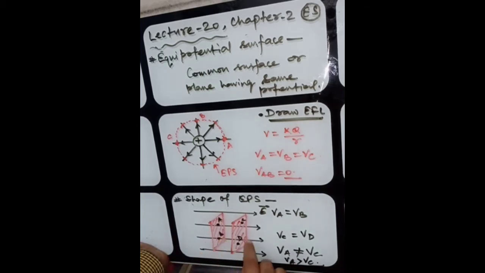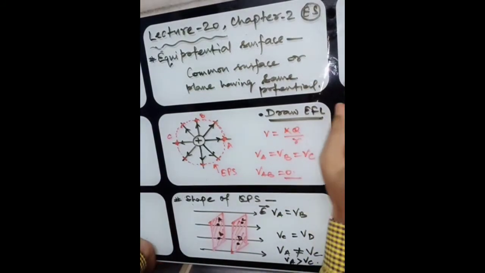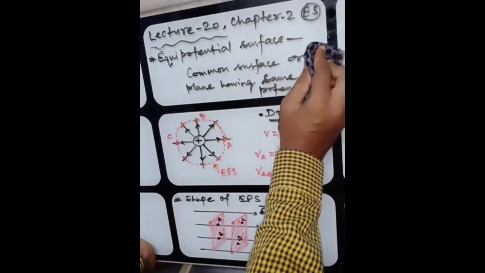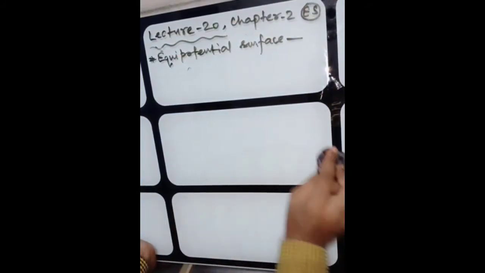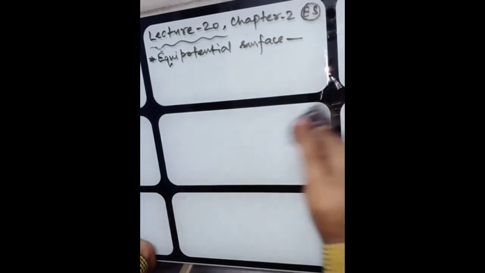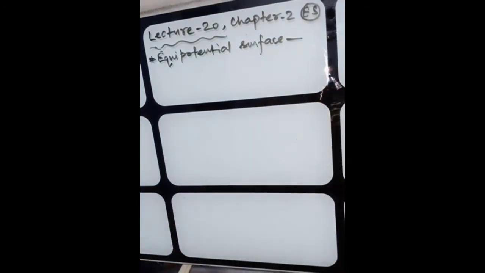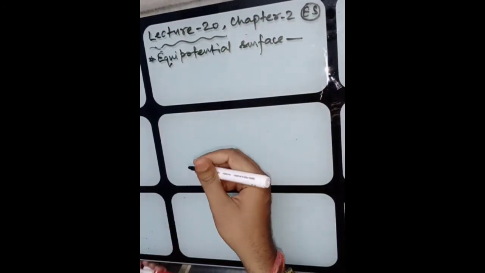If the electric field is parallel, okay, the next step I'm asking you: kindly move back and draw the shape of the equipotential surface.